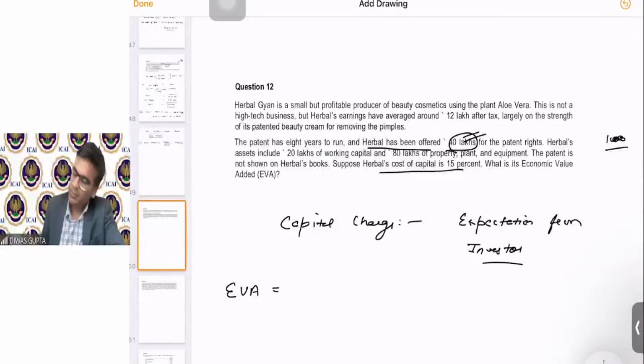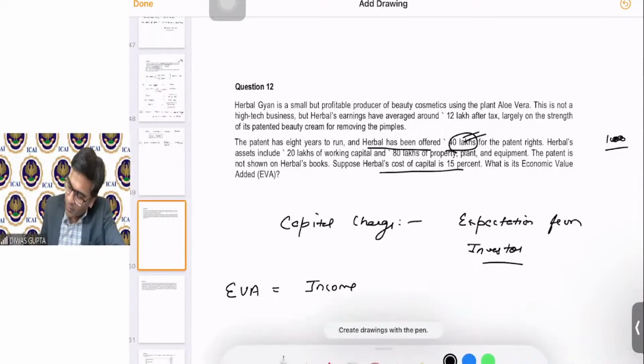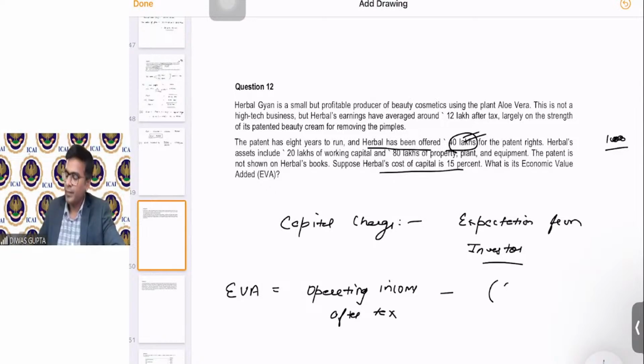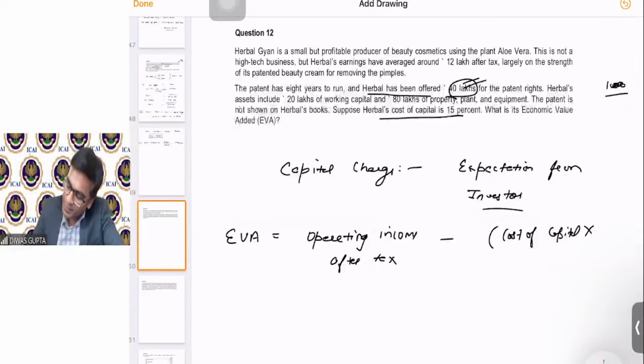EVA will be equal to, again, we will just write the formula. Let me write operating income after tax minus cost of capital, which is WACC, multiplied by the investments.